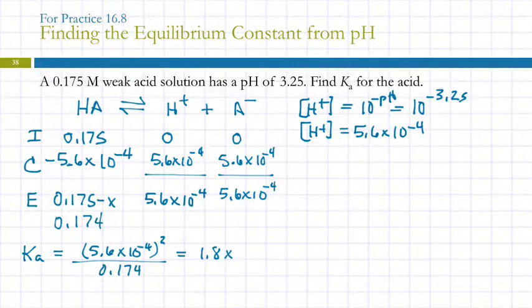Getting 1.8 times 10 to the minus 6. I took a picture of the answers, so I'm checking my answers. There's lots of places where you can screw up in these. Any questions?